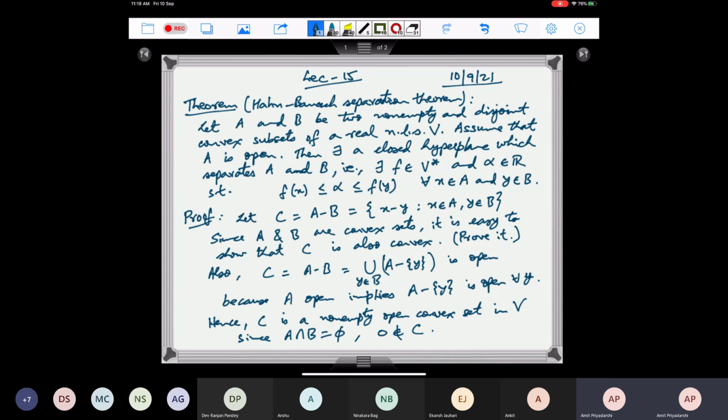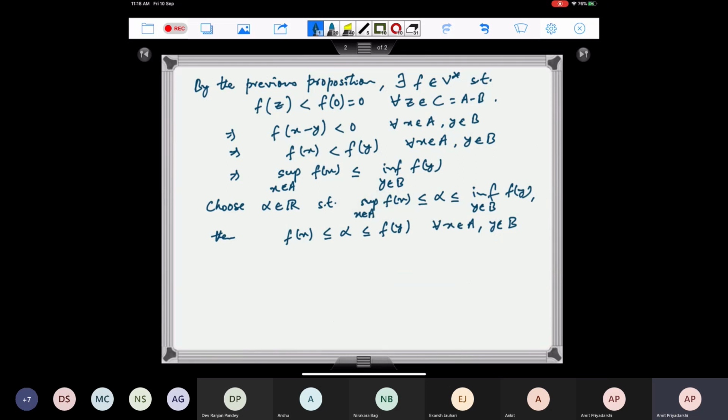So we may not have that f x is strictly less than alpha and less than f y for all x in A and y in B. Because though we know that for any 2 points, f x is strictly less than f y, there may not be any alpha such that this is true with strict inequality for all x in A and y in B. But we will see that under some more conditions, we can guarantee the strict separation also. So that is our next theorem.